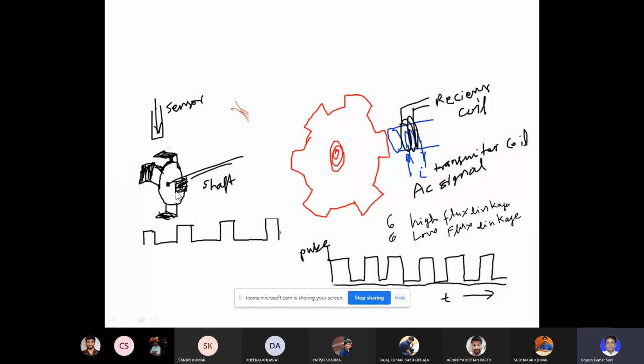The second type of positioning is this L-shaped projected part in the disk, and the shaft is, you can see here, perpendicular to the plane of the circular disk, and the projected part is L-shaped. Here the sensor can be placed in the radial position to the shaft. Okay, and here the sensor is placed in this red color disc.